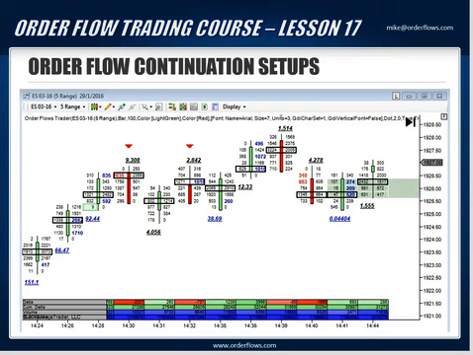Once you start getting above 2,500, to me that's really big size going through, at least the beginning of big size, especially on a 5-range chart that moves very fast. If I'm seeing imbalances, if I'm seeing bars with volume over 2,500, I'm starting to pay attention because someone has got size.